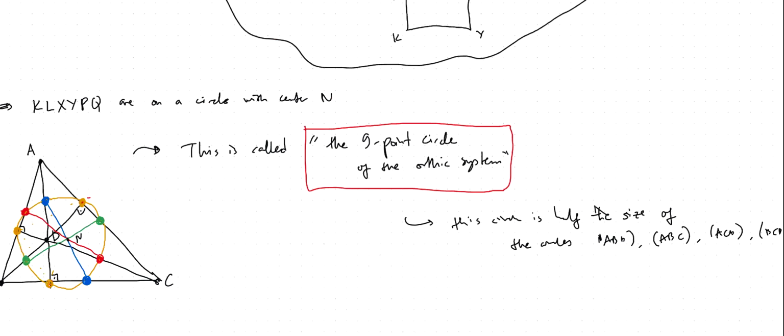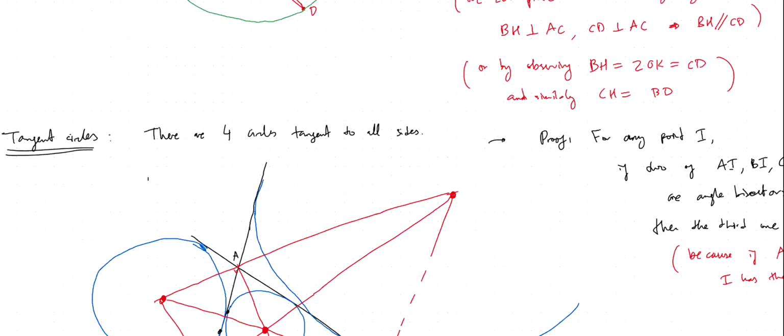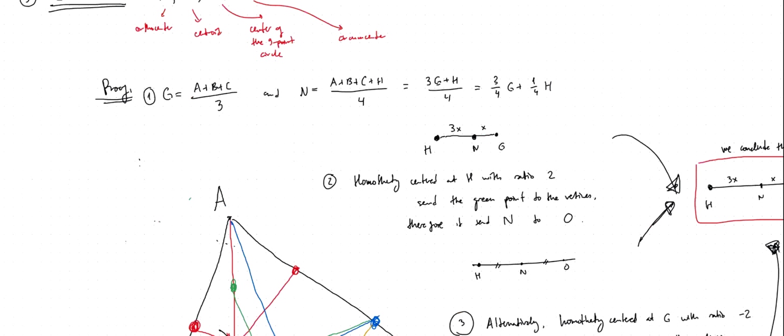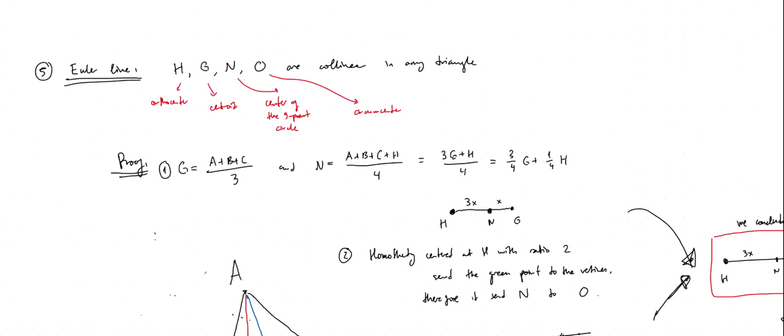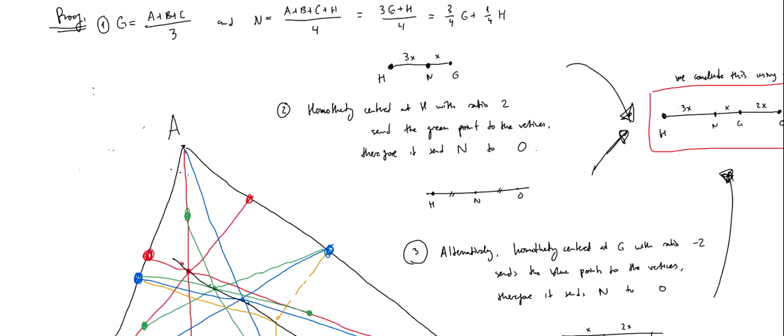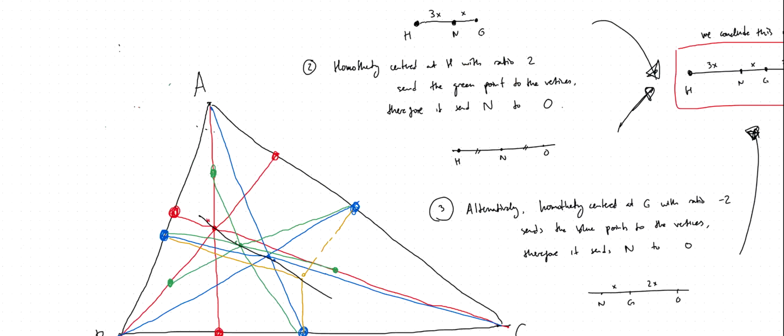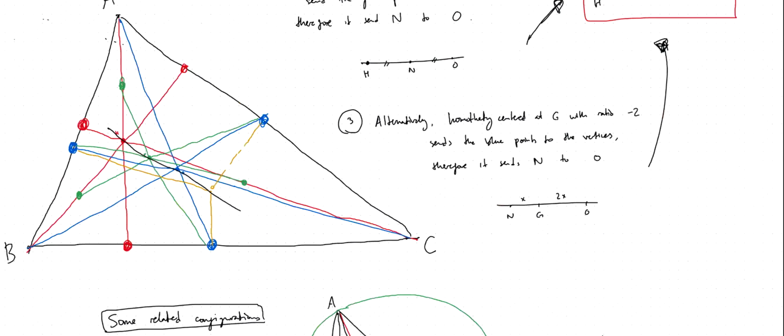This is what we did with homothety on the next page. When we did homothety of ratio 2, the 9-point circle goes to the circumcircle. So the 9-point circle must be half of the circumcircle. Here we did homothety with ratio -2, so we reflected and multiplied by 2.